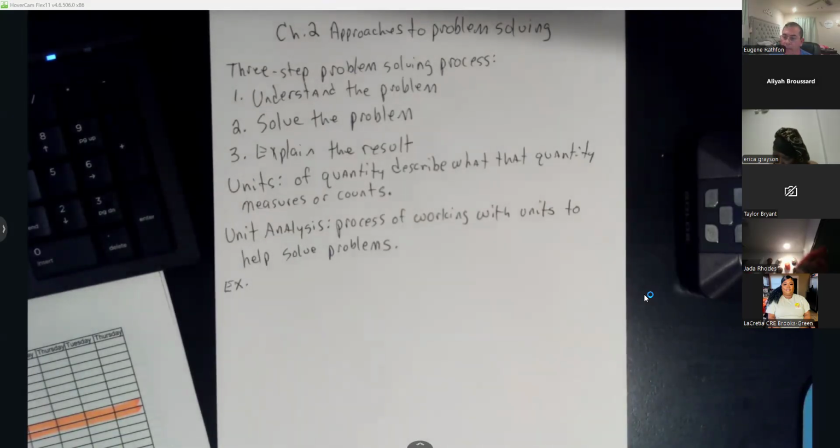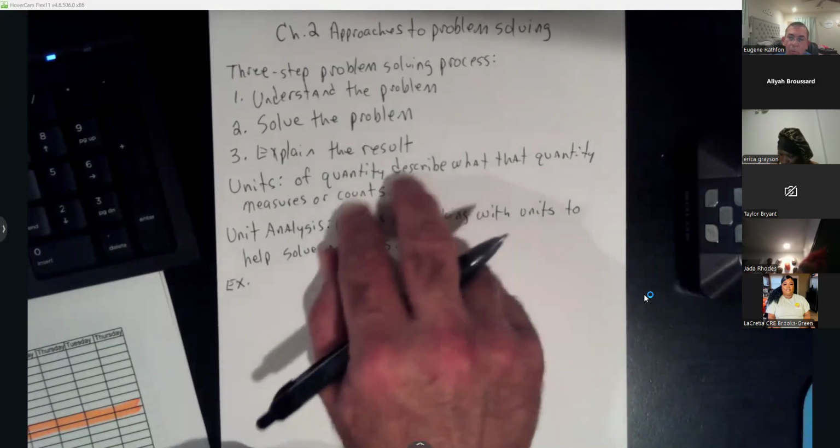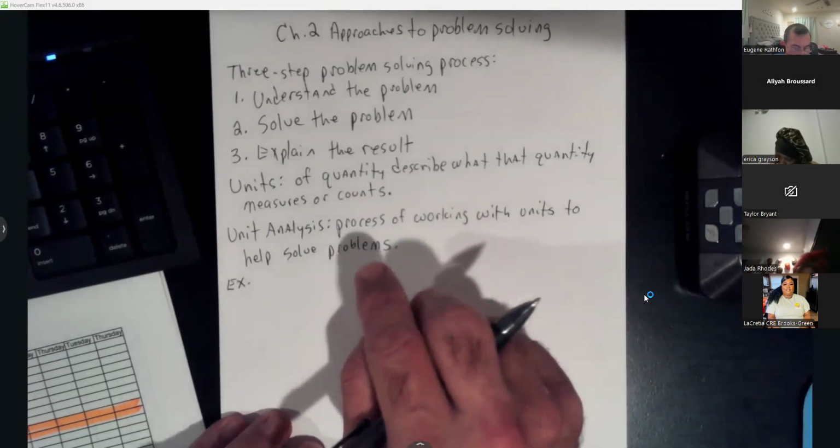All right, so I'm going to show you a little example where I would use this unit analysis.